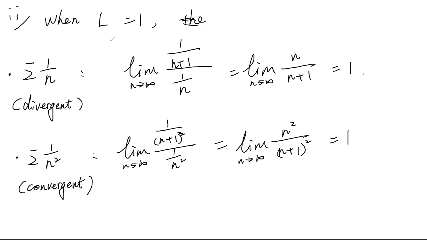So when the ratio is equal to 1, the series can be either divergent or convergent, so we can draw no conclusion from the ratio test. The test fails. We need to try some other test.